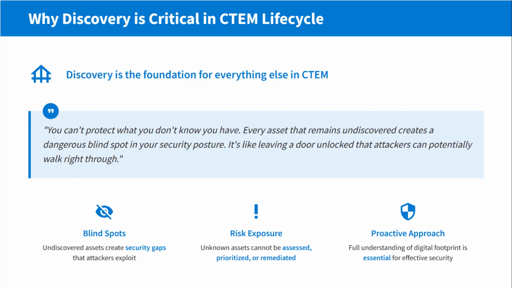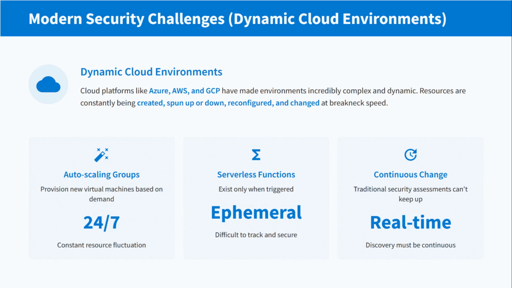The second challenge involves expanding attack surfaces. Hybrid and multi-cloud environments are pretty much the standard now, which means your organization's attack surface is massive and constantly shifting. This surface includes every digital asset your organization owns or uses.